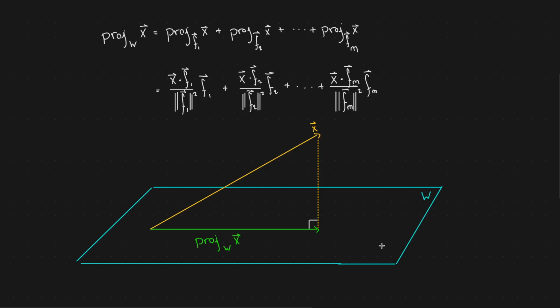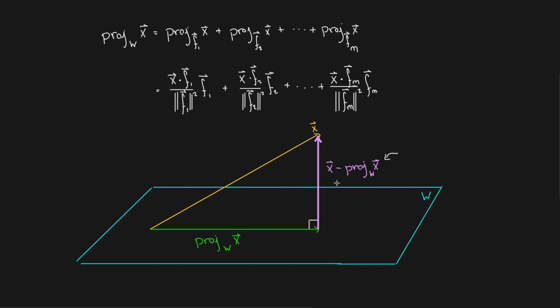Looking at this picture, we notice something that's going to be very crucial to this section. Specifically, if I subtract the projection vector from my original vector x, then my resultant vector is going to be orthogonal to the subspace.